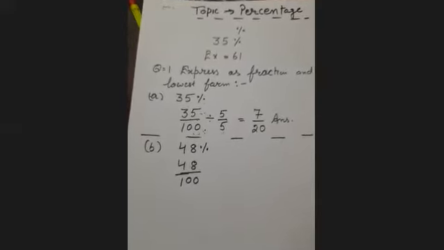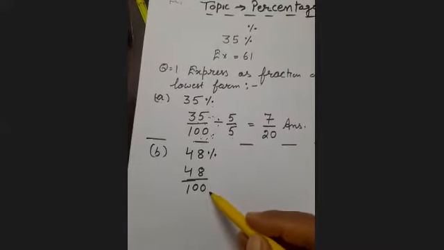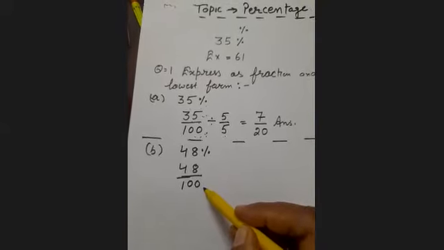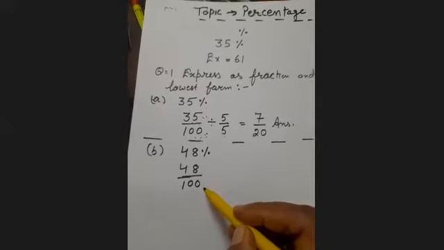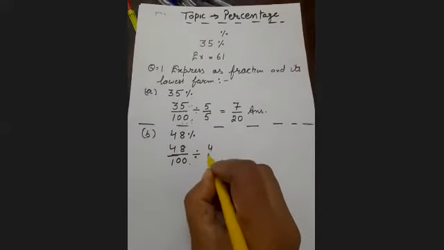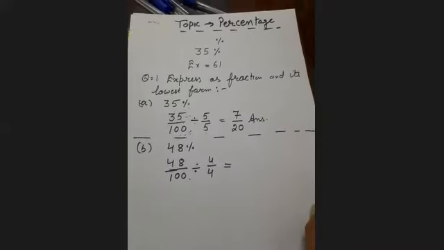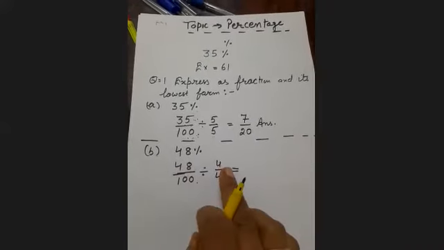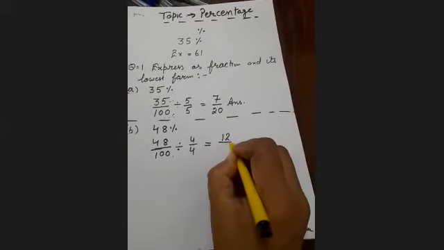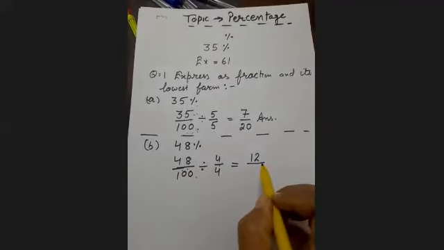Now students, convert it into its lowest term. 48 and 100 are both multiples of 4. So we will divide the numerator as well as the denominator by 4. Yes, students, 48 divided by 4 gives 12.